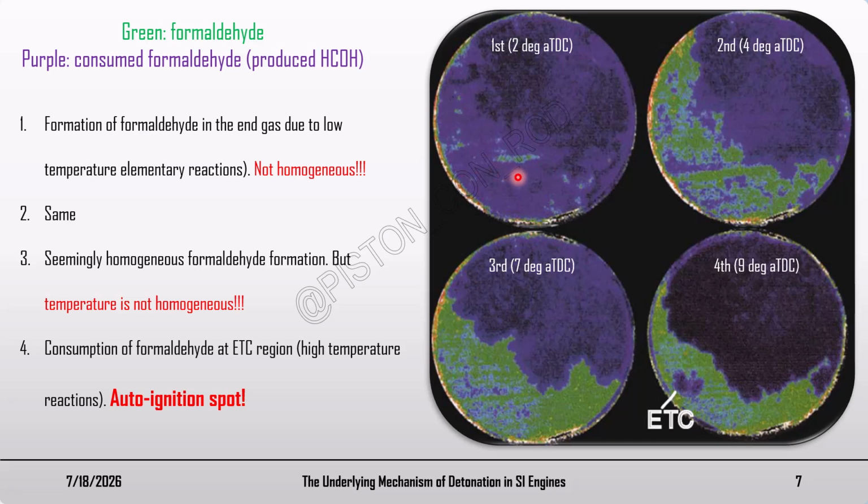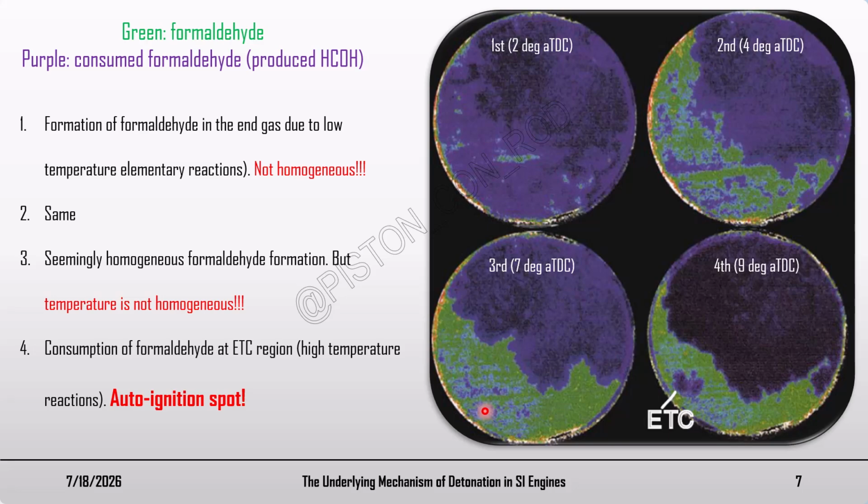So because of that, we will have different reaction rates. The low temperature reactions will have different reaction rates because of the different mixture strength, and because of these elementary reactions happening at different rates, we will have different temperature values at different spots. So at some point, because of these elementary reactions and formation of formaldehyde, the temperature will go above a limit.